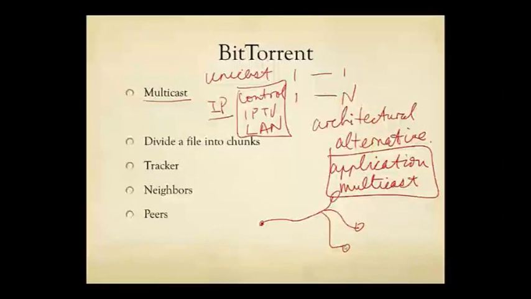I'm going to build an overlay network among these nodes, and then build some kind of tree in the application layer. So the network layer does not need to be bothered.